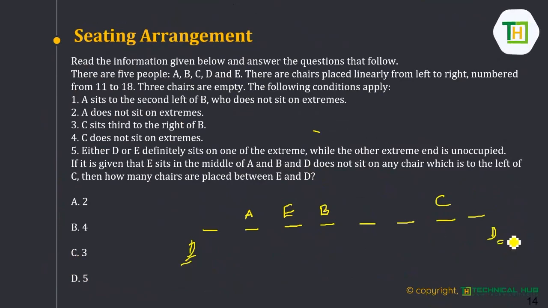But here, D does not sit on any chair which is to the left of C. Then how many chairs are placed between E and D?